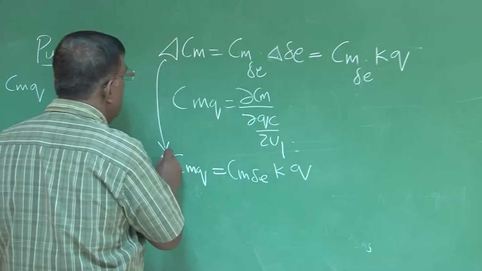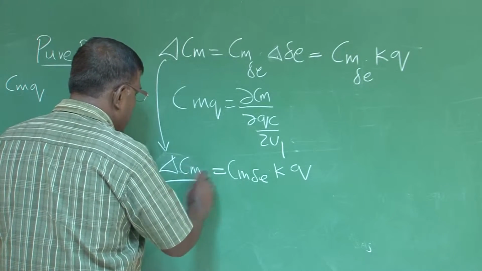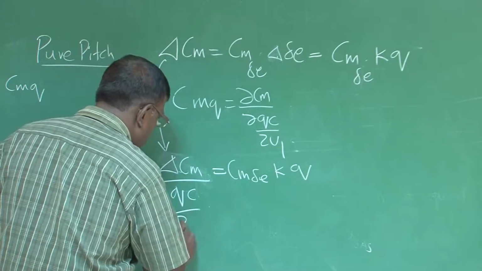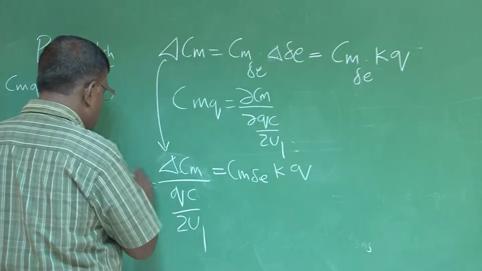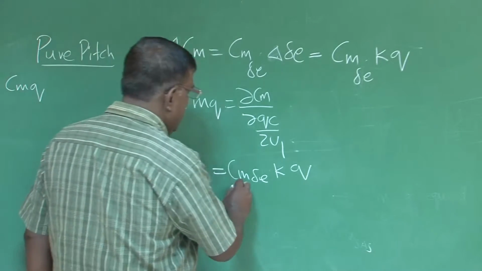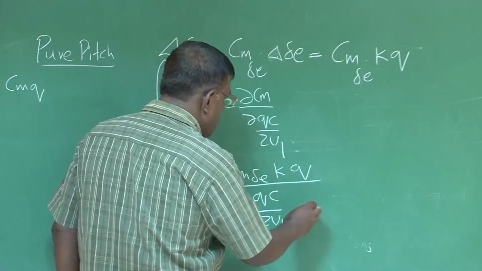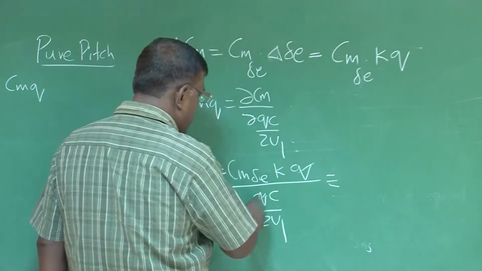For your clarity, let me write delta Cm divided by Qc by 2U1 to get CMQ by definition. So I divide it by Qc by 2U1, and that gives me Q gets cancelled.